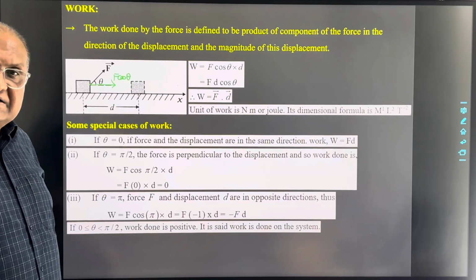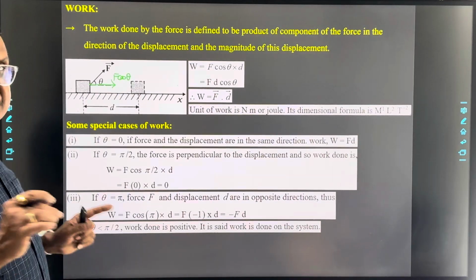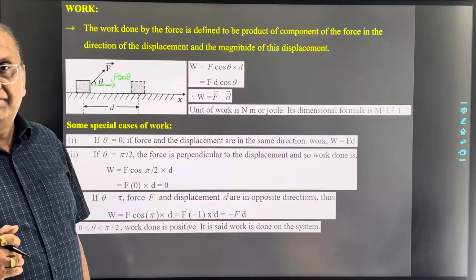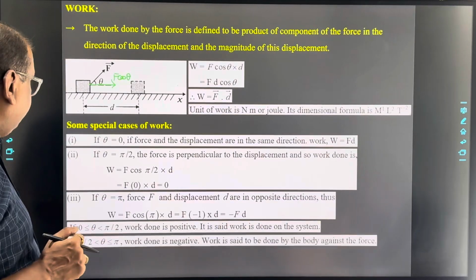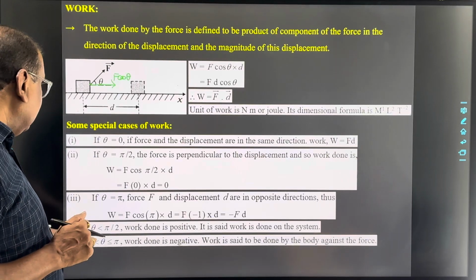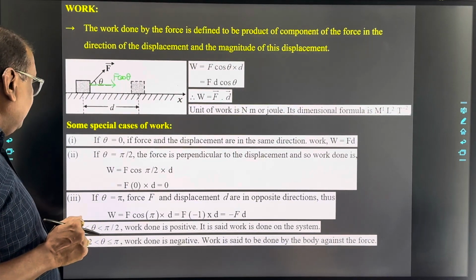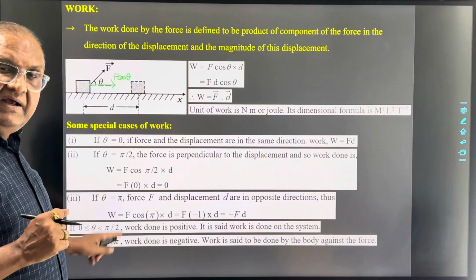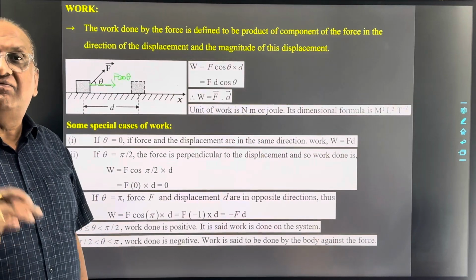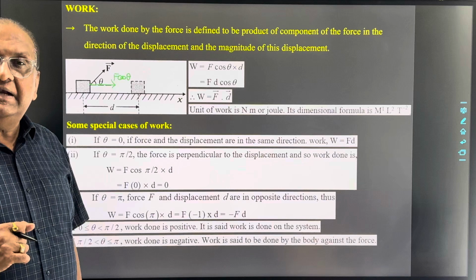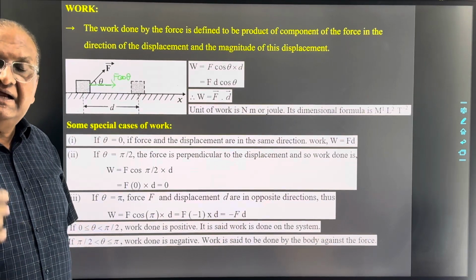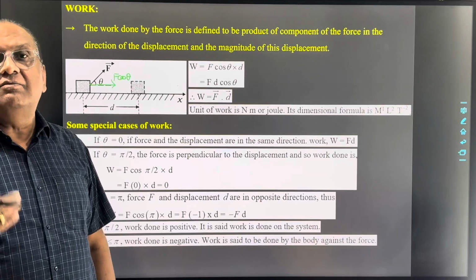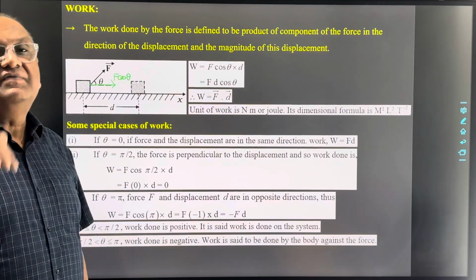If work done is positive, then it is said work is done on the system. And if theta is between pi by 2 and pi, or equal to pi, in that case your work done is negative, and it is said work is done by the system or body against the force.